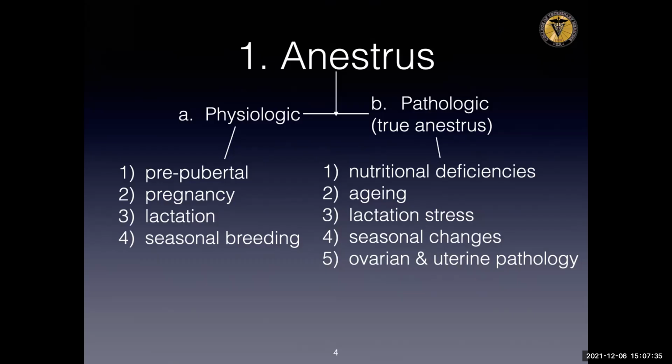This is what we call pathologic anestrus. Commonly, we look into nutritional deficiencies, especially here in our country. We are a developing country, and several of our owners have difficulty providing proper nutrition to their animals.